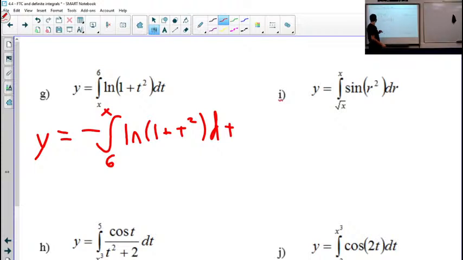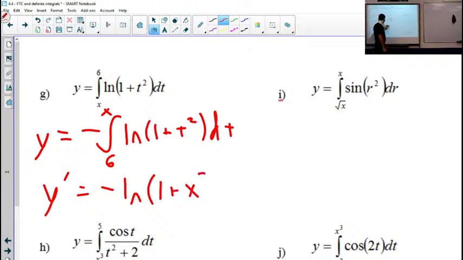But this is a situation where it's going to be helpful for us to switch those bounds instead. And so all we need to do is make it negative. And now it's just from a number to x, so we still have that negative out in front. And then we don't need to worry about the chain rule, so there's our answer.